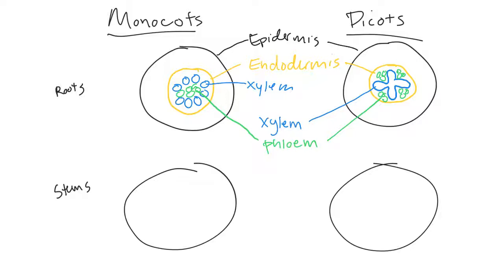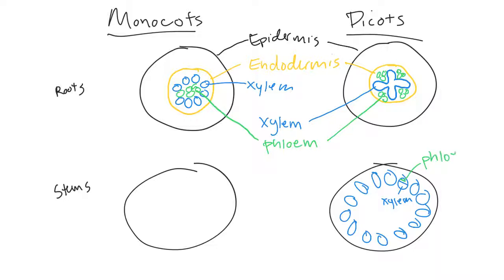In the stems, though, the xylem and the phloem in dicots forms this ring, where the xylem is on the inside and the phloem is on the outside. And in monocots, it's not structured, they're just scattered.